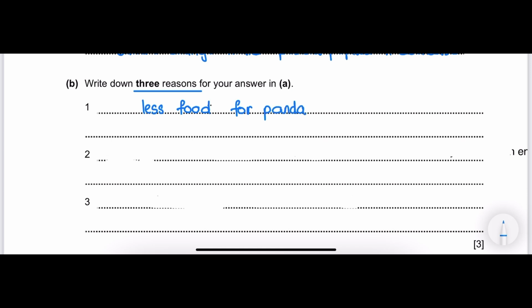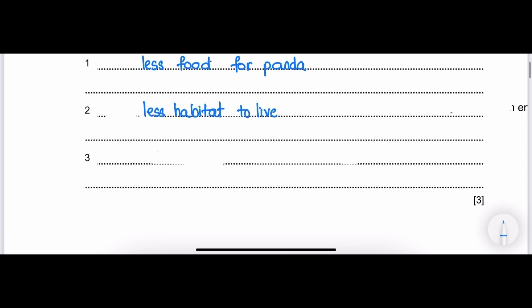The other reason might be pandas may lose their habitat as bamboo forests decline. Or competition for food between pandas will increase, making survival harder.